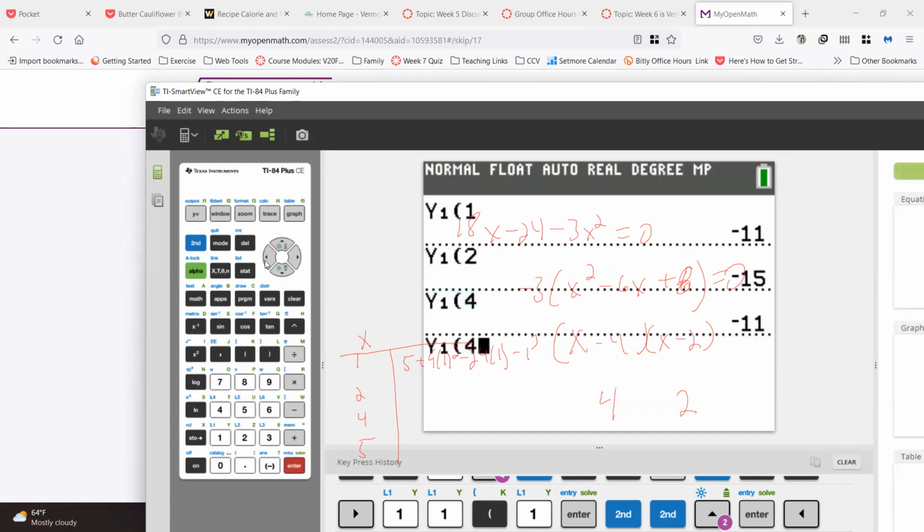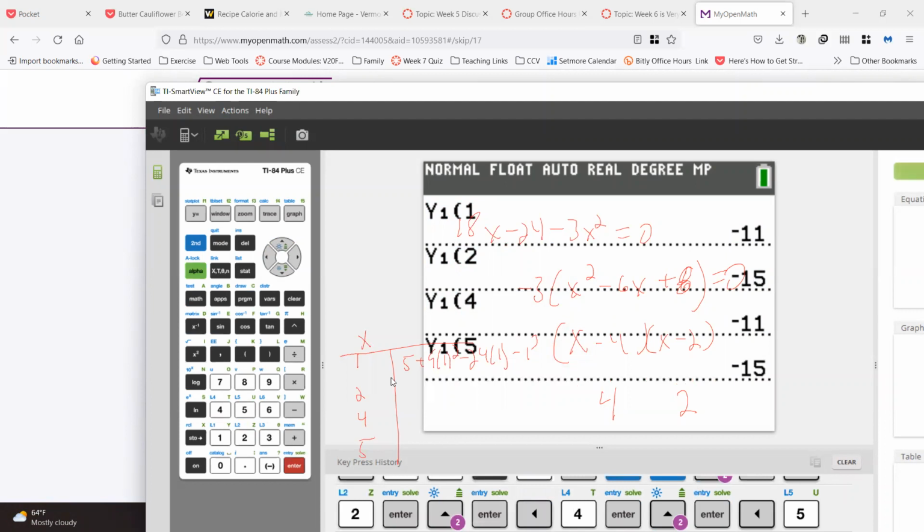Change the 4 to the 5. And yeah, you can use a table feature, there's all kinds of things to do. But so I see a minimum, I see 2. Wow, how about that? Oh, so I see 2 minimums and I see 2 maximums that are the same.